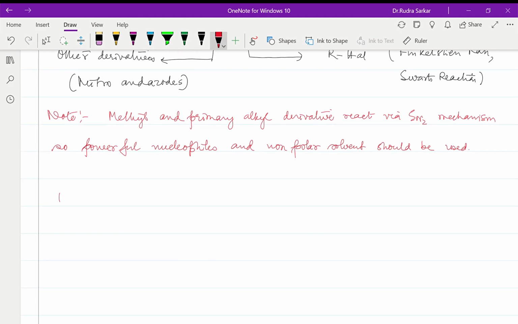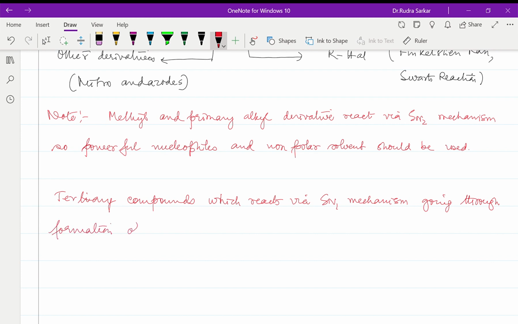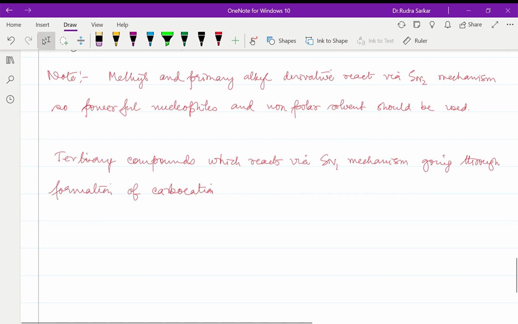Whereas if your R is tertiary, for tertiary compounds, which react via an SN1 mechanism, going through formation of a carbocation, from what starting materials?